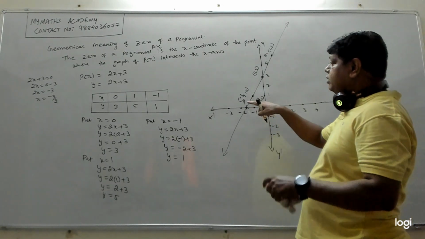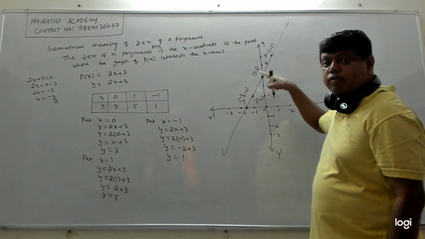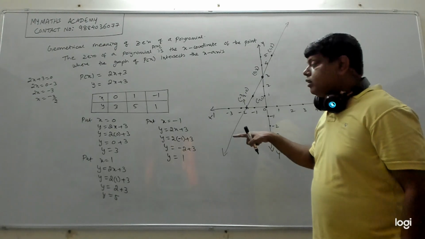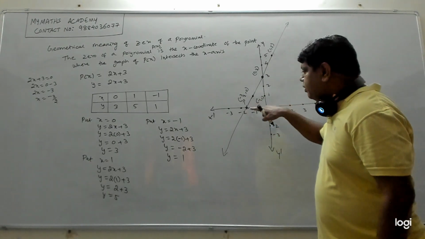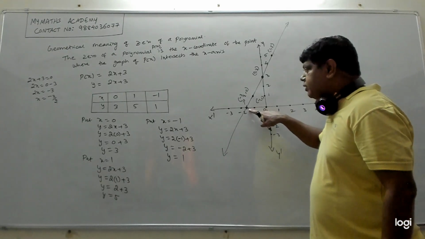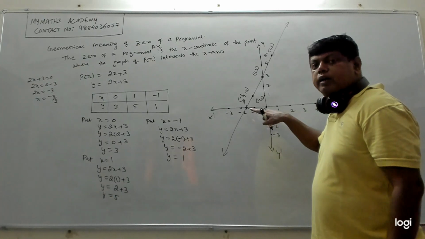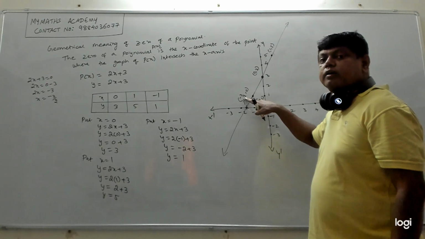Now as per the definition, you have to see the x-coordinate of the point where the graph of the polynomial intersects the x-axis. The graph of the polynomial, this line, cuts or meets the x-axis at this point, and the coordinate of the point is minus 3 by 2 comma 0.